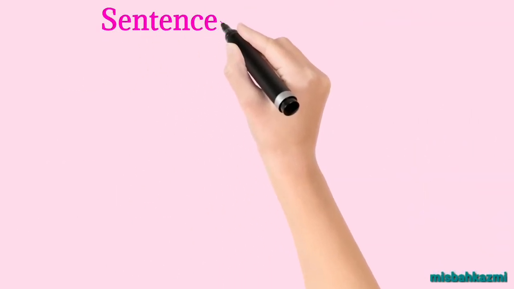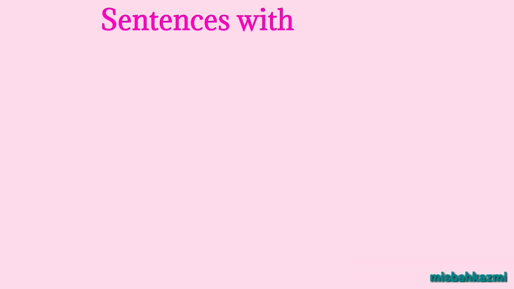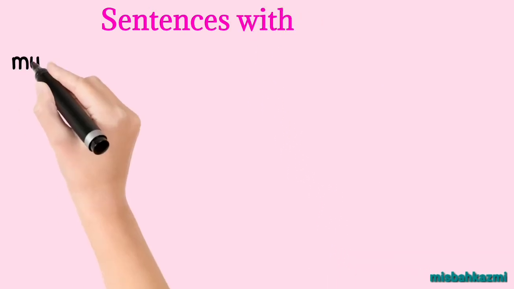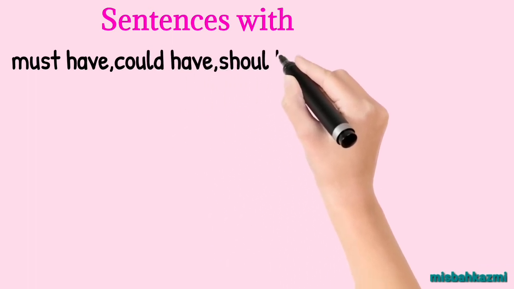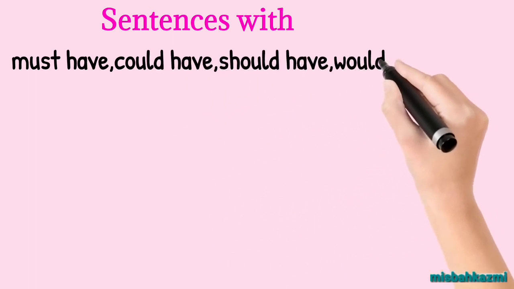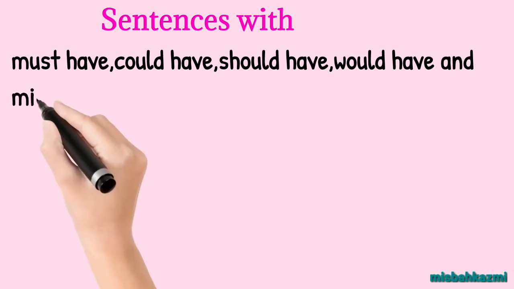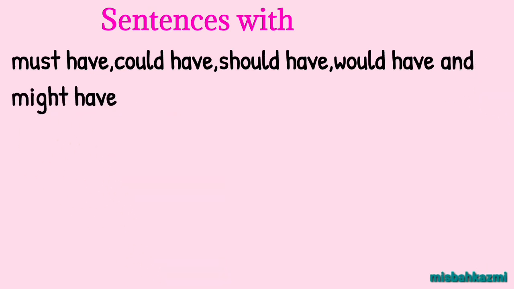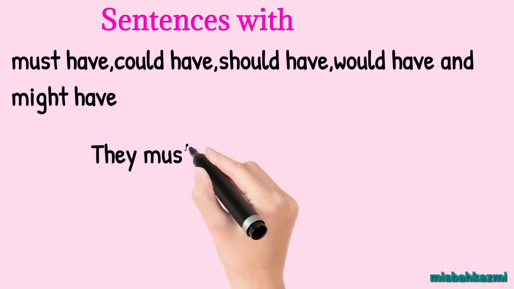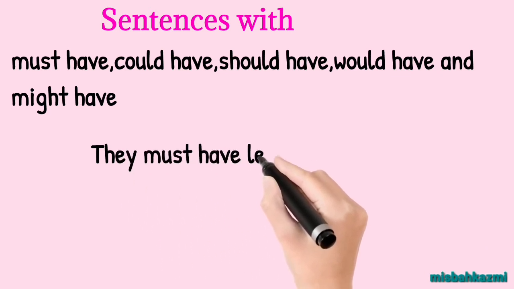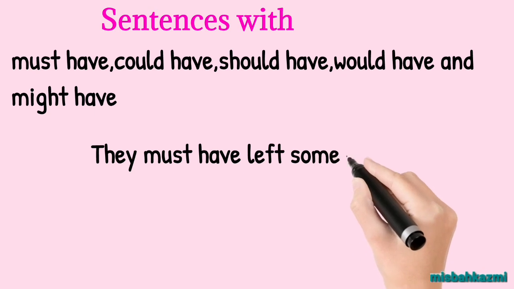And now we will discuss the sentences with must have, could have, should have, would have, and might have. Okay, so let's check out. They must have left some clues.